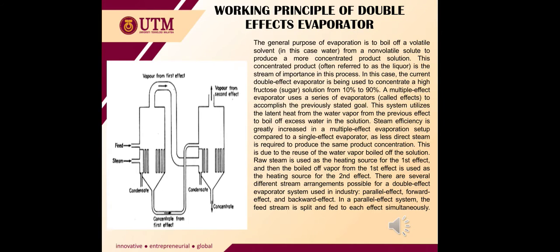So the steam efficiency is greatly increased in a multiple effect evaporation process compared to the double effect and a single effect evaporator, as less direct steam is required to produce the same product concentration. This is due to the reuse of the water vapor boiled off from the solution.